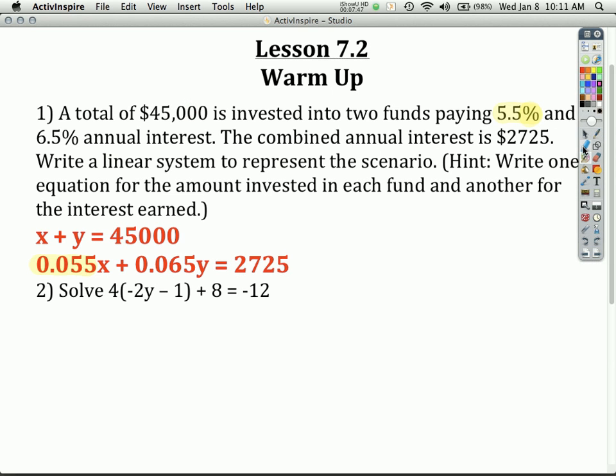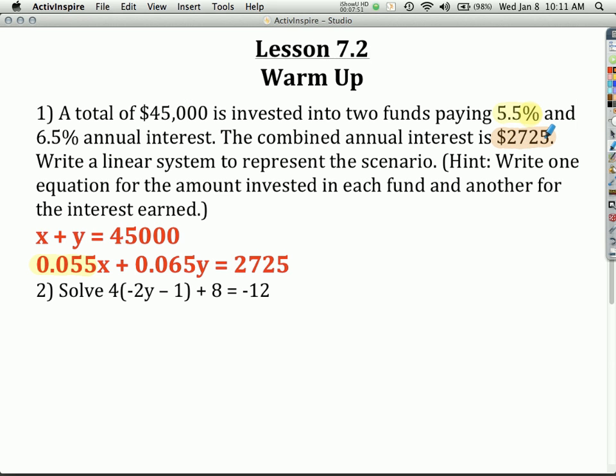So this number here is a total. It's the total amount of interest. So once you see that this word is connected to this word, then you can see that the 5.5 and 6.5 also have the word interest connected to them as well. So then you can start seeing that, okay, so now I'm going to be using this and this with this number.